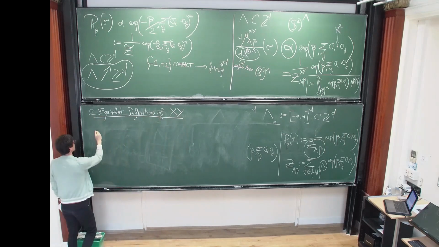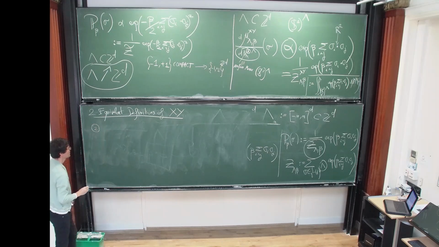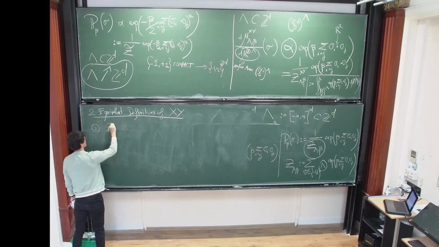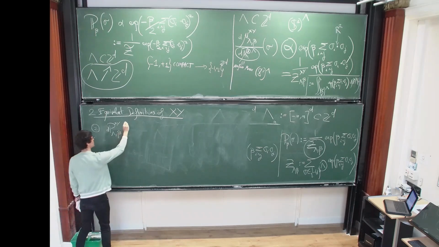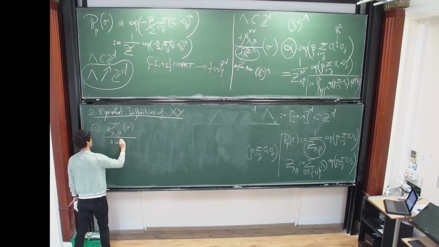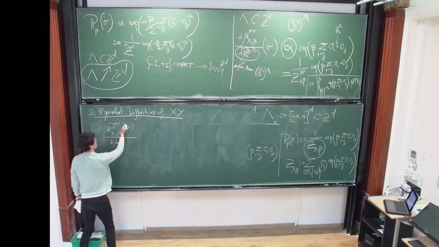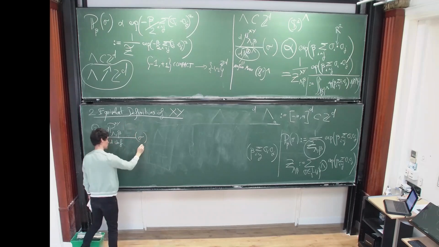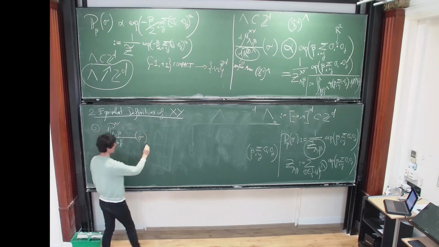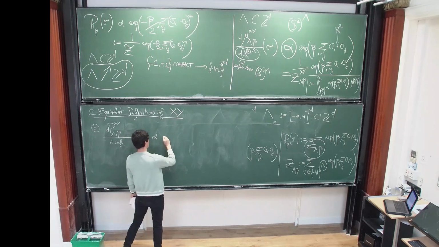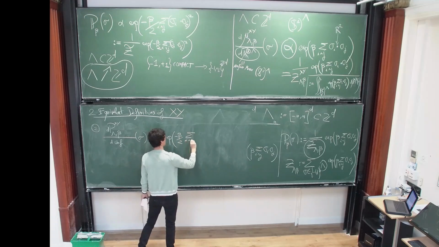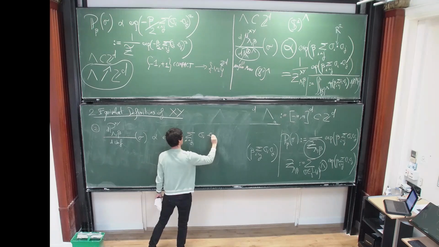So the second definition is to say that the Radon-Nikodym derivative of the xy measure in the box lambda at inverse temperature beta with respect to the uniform measure, let me just put d unif, at a configuration of spin sigma is proportional not to what I wrote here, but instead exponential minus beta over 2, sum over the nearest neighbor sites, sigma i minus sigma j.